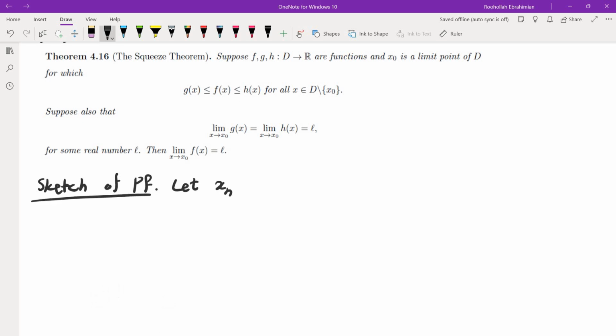Let xn be a sequence in D minus x0 with xn approaching x0.